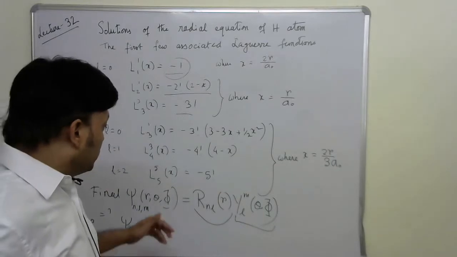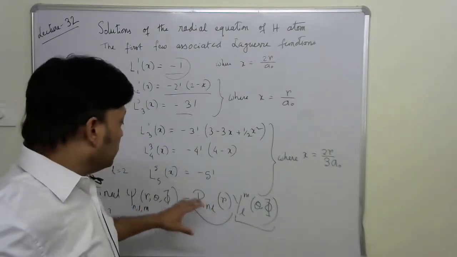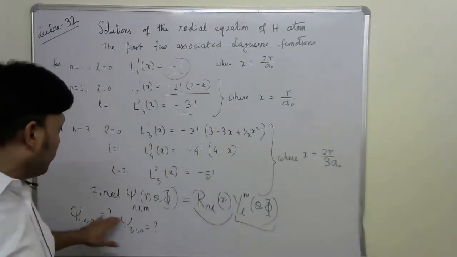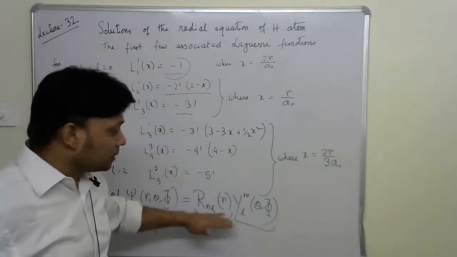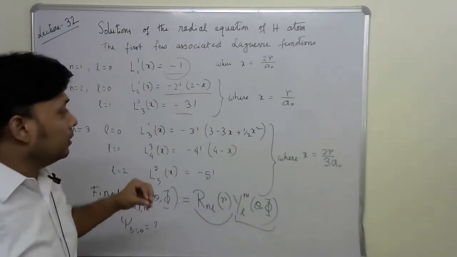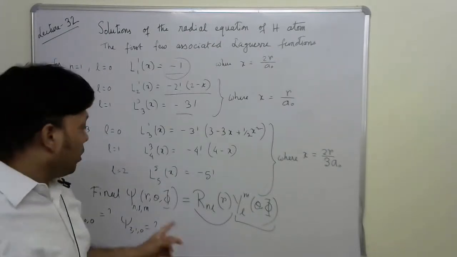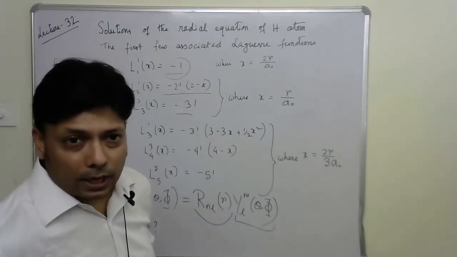So let's see what the complete expressions for psi(r, theta, phi) would be for the first two or three cases, if someone correctly puts in the values of n, l, and m and correctly follows the standard table.